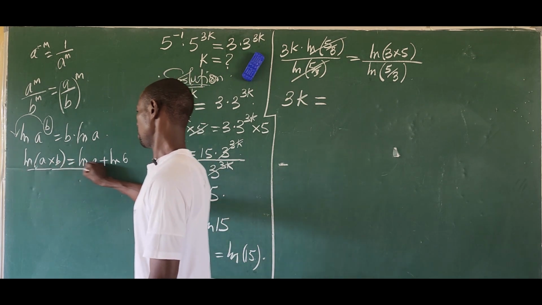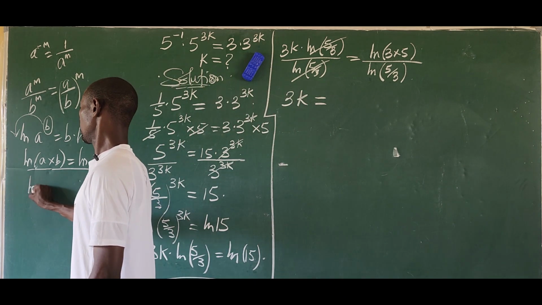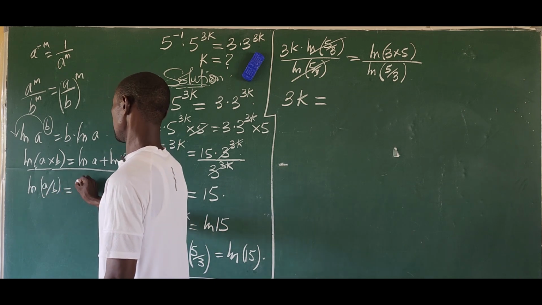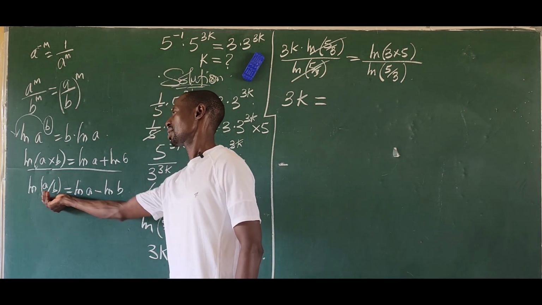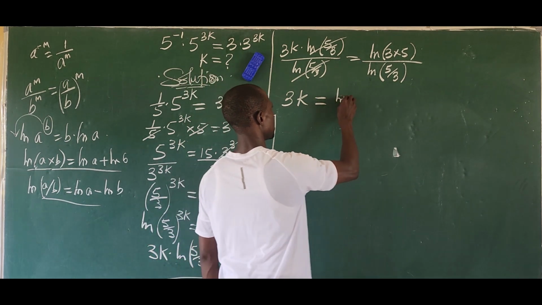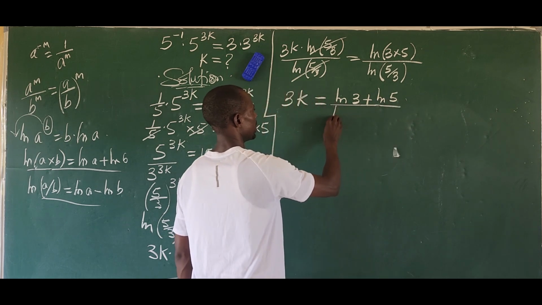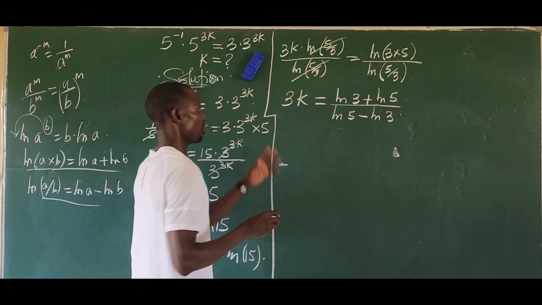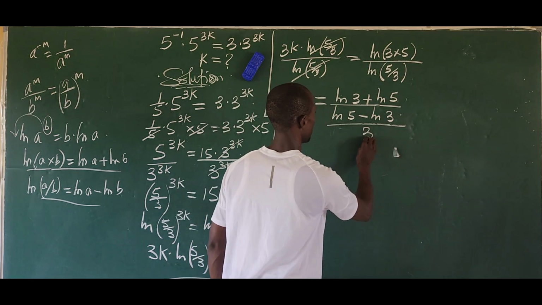The division rule says that ln of a over b, in brackets, is the same as ln of a minus ln of b. So we have 3k equal to ln of 3 plus ln of 5, all over ln of 5 minus ln of 3. We are looking for k, so we divide the whole of this by 3.